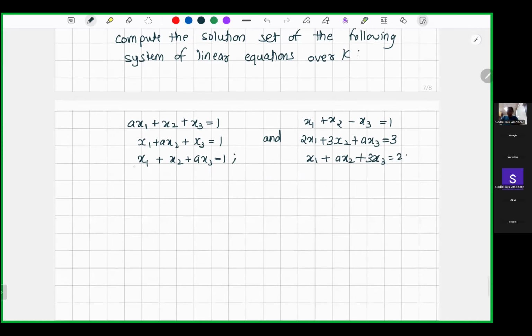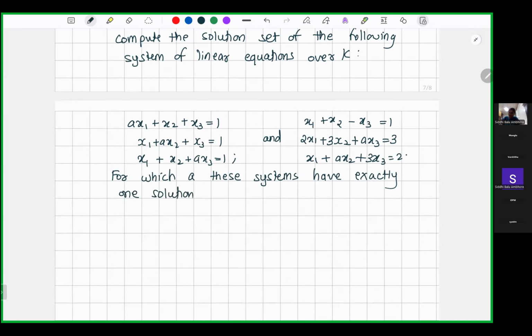And the question is, for which A do these systems have exactly one solution.